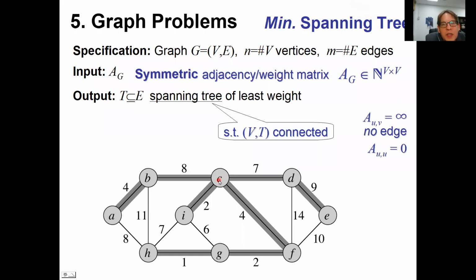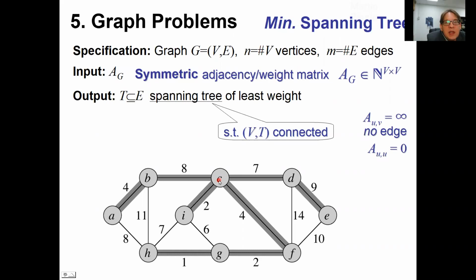And the interesting property is that these fat edges form not just a spanning tree, but a spanning tree of least weight. And to verify that is kind of complicated, right?